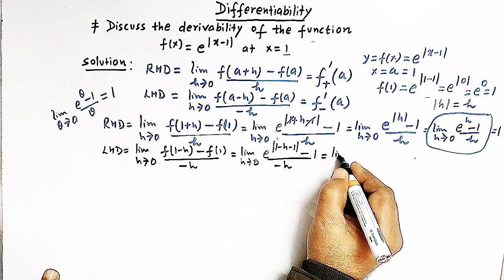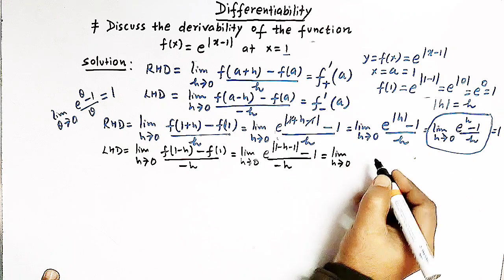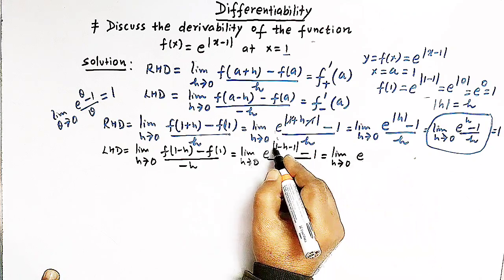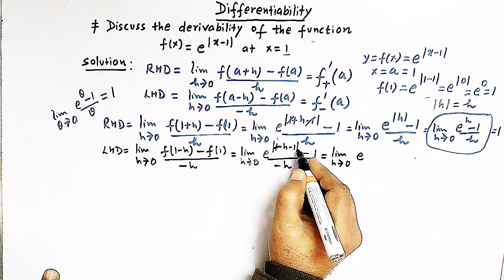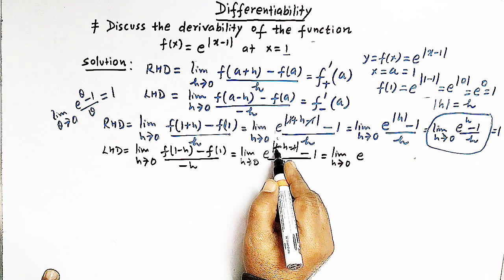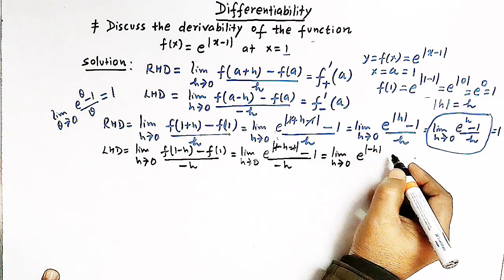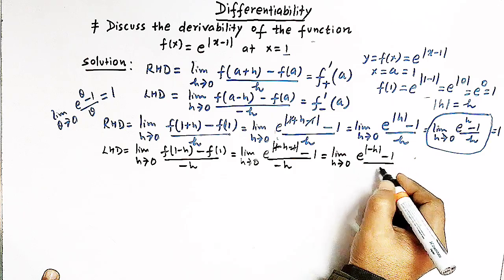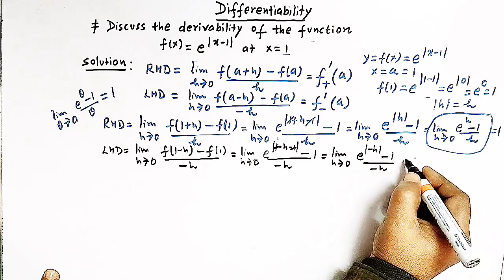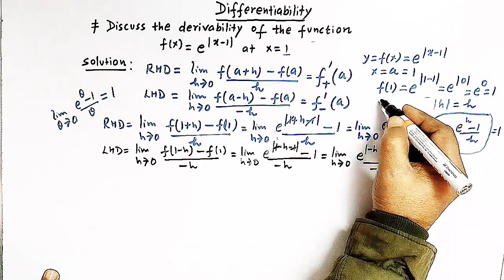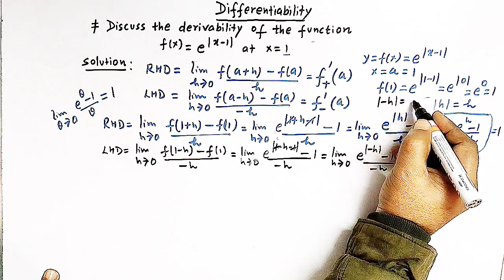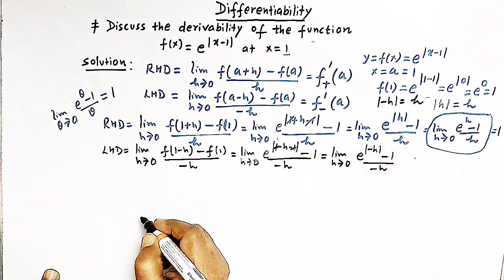So we can now write limit h tends to 0, and here this one and this one get cancelled, right? And we have e raised to mod of minus h minus 1 over minus h, right? Now see, mod of minus h is equal to positive h, right?